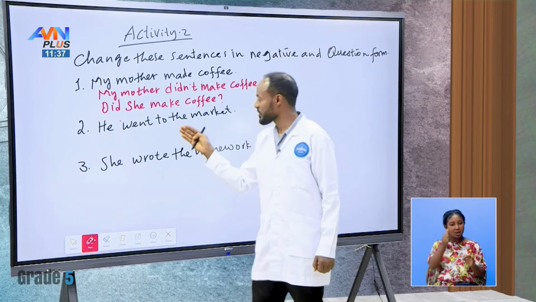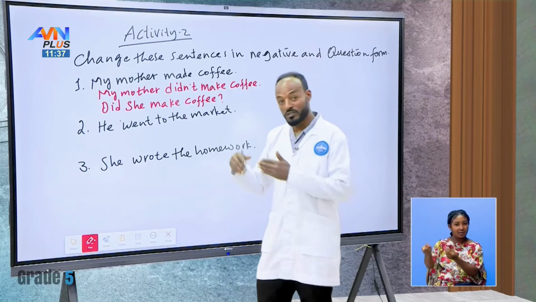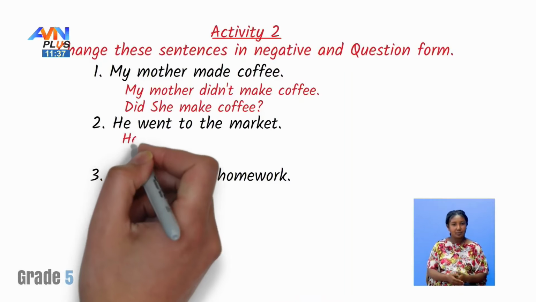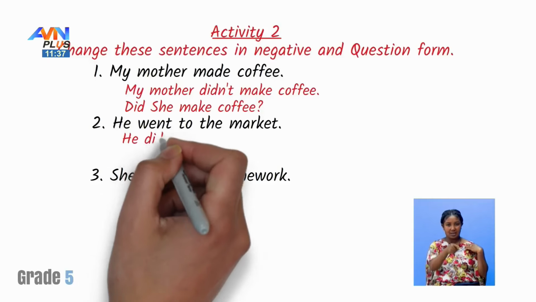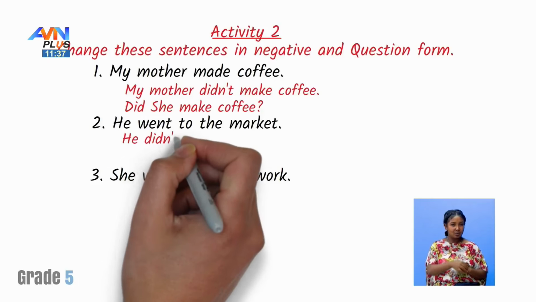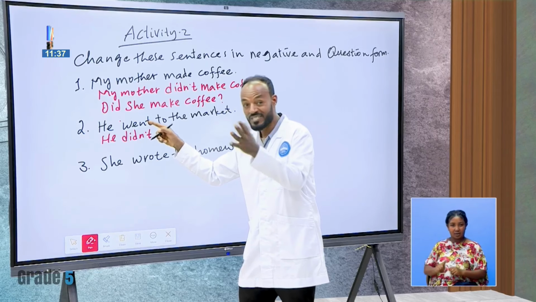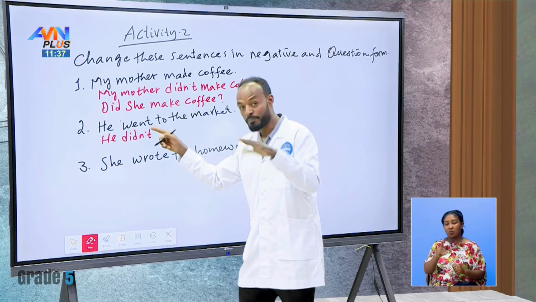What about the second one? He went to the market. Then the subject should be here. He didn't. Then the verb should be changed into the base verb, the verb without ed or d or past tense forms.